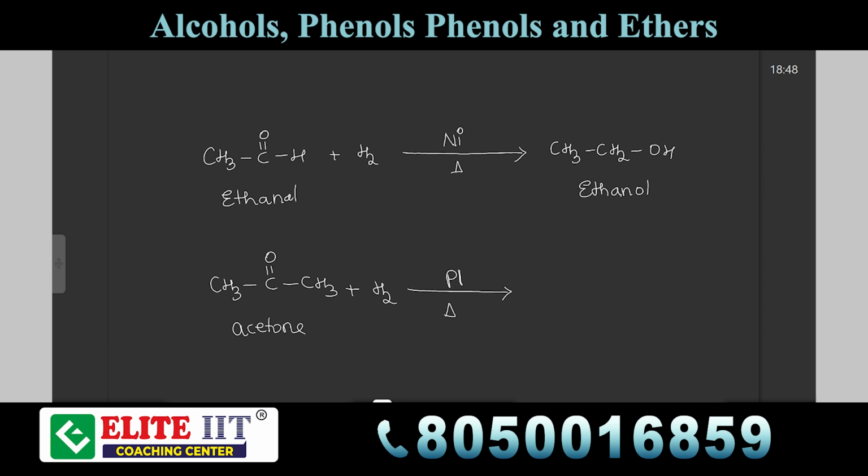I'll use platinum so that I get a secondary alcohol. Hydrogen will be added to both carbon and oxygen. In general, aldehyde gives a primary alcohol, whereas ketone gives a secondary alcohol. Copy down.